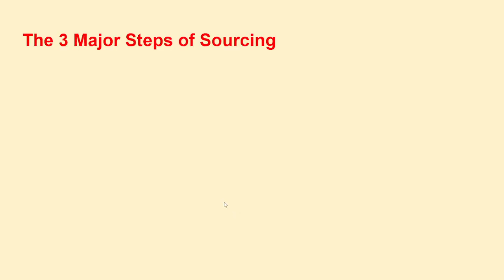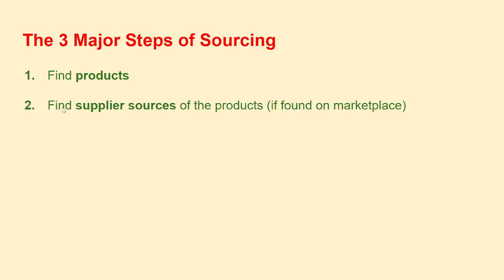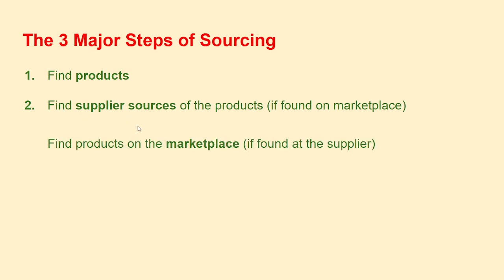All right. However, even if we're going to use those tools and software or whatever, there are certain major steps that we need to understand or take part in. One is, of course, we have to find products. Then find the supplier sources of those products if we're starting on the marketplace, or find products on the marketplace if you start at the supplier.